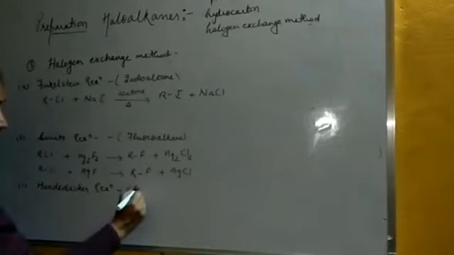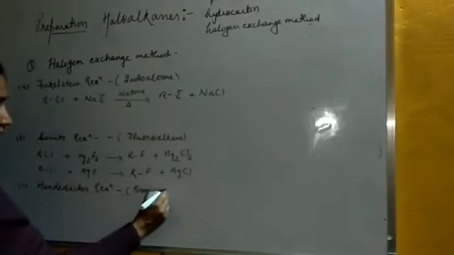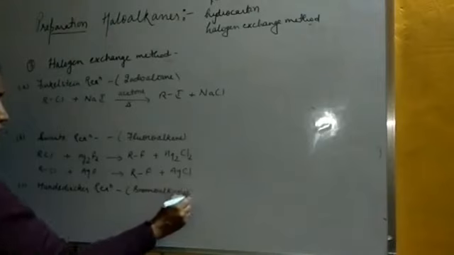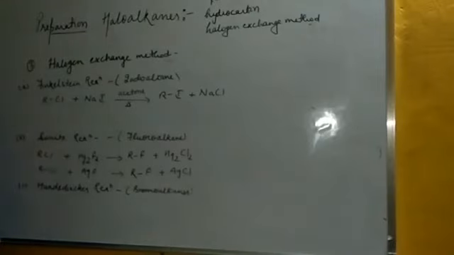Students, now the next is the Hunsdiecker reaction. It is mainly for bromoalkane formation. It is also known as the Hunsdiecker-Borodin reaction or Borodin-Hunsdiecker reaction. Here the silver salt of a carboxylic acid, let it be RCOOAg, is taken and reacted with bromine in presence of carbon tetrachloride.